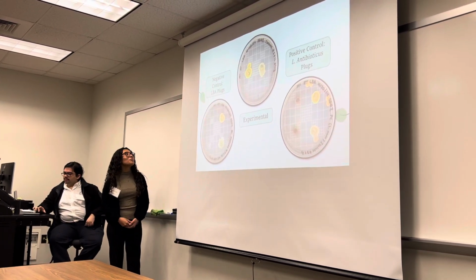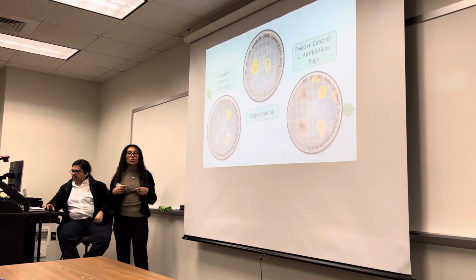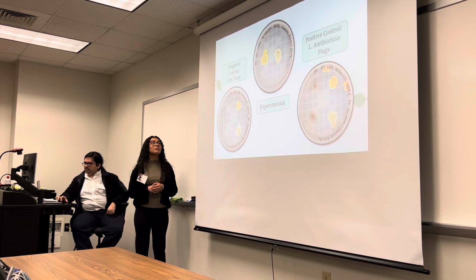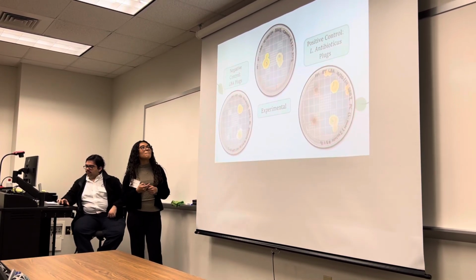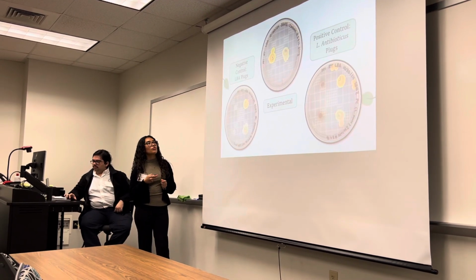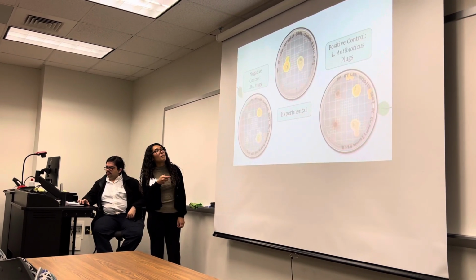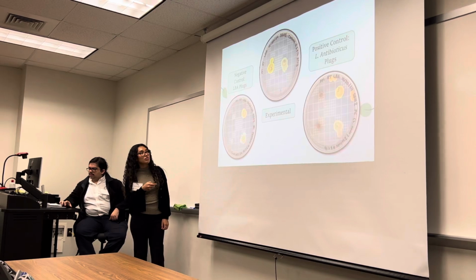After this, I used the cork borer that I explained earlier that had the hollow circle at the bottom to make plugs from my different isolates, as you can see here, and then put them in 3 different plates right across from each other.